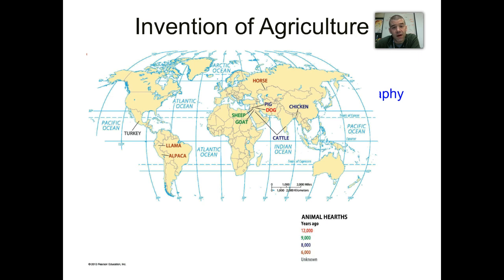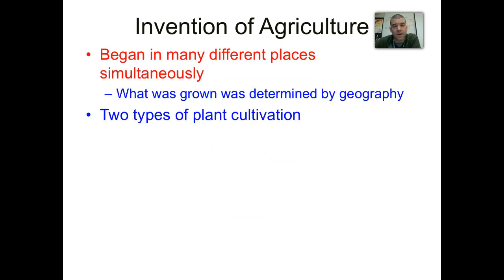But what you see in this particular map illustrates the core beasts of burden or domesticated animals that are used for food throughout the world. And you'll notice again that the Middle East, or Southwest Asia, was sort of a hearth of these domesticated animals. Again, something that you should be aware of.